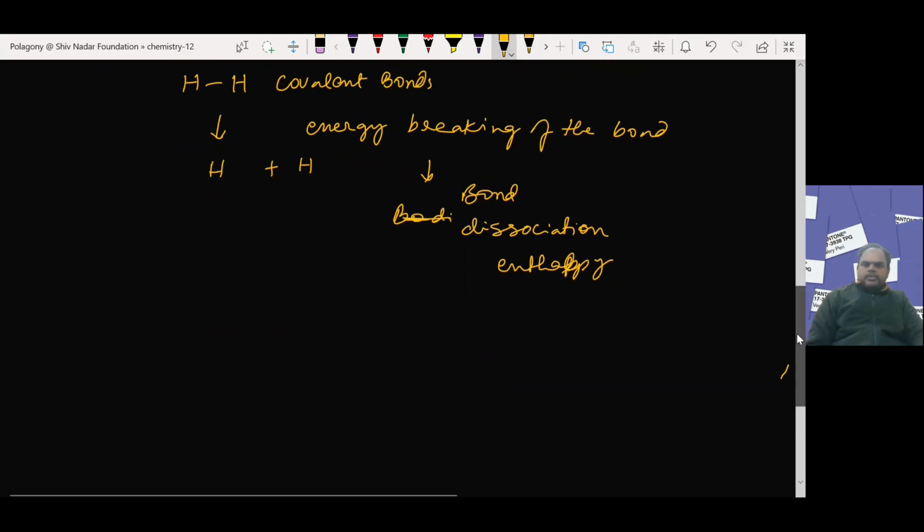So it is also said to be bond dissociation enthalpy. Now, for a molecule like CH4, a gaseous molecule, for conversion of CH4 molecule into gaseous free carbon atoms and 4 moles of gaseous hydrogen atoms, the energy required is the enthalpy of atomization of this molecule.